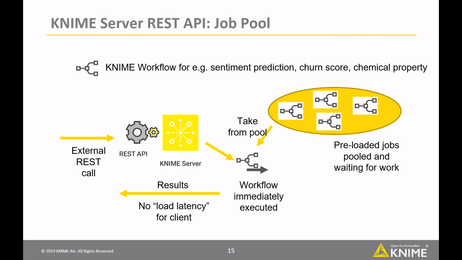And as a lot of jobs are being run, things that are in memory will get cached out. So with job pools, you can set up a job pool. For example, we've set up a job pool with 4 jobs in it. Those workflows will get loaded up automatically, and they will stay preloaded and ready to go. And so that cuts down on the latency quite a bit when you're making REST calls into KNIME Server.